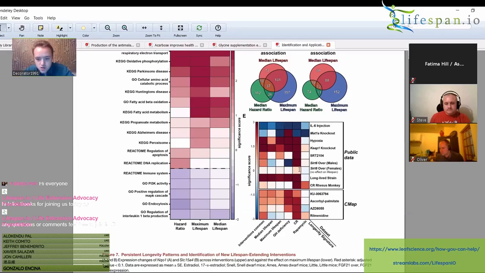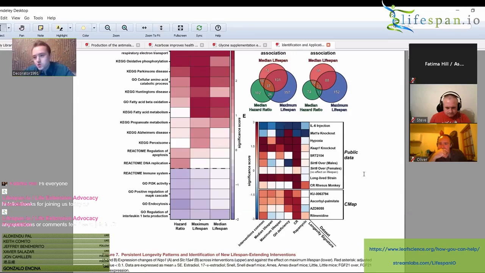Another interesting thing we also had here is we downloaded a data set which had gene expression of 2 different mouse strains of the same chronological age, but the strains differed in lifespan. One of them was more short-lived, another was more long-lived.